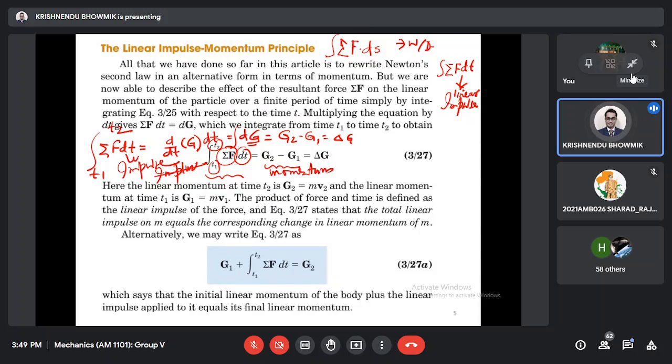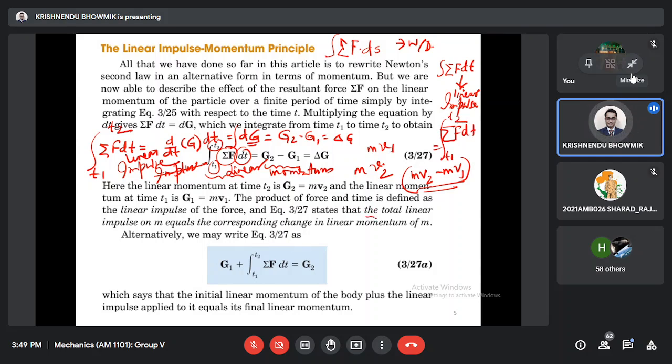If the linear momentum initially was mv1 and it moves to mv2, then this change in linear momentum, mv2 minus mv1, equals the integral of summation F dt from t1 to t2.